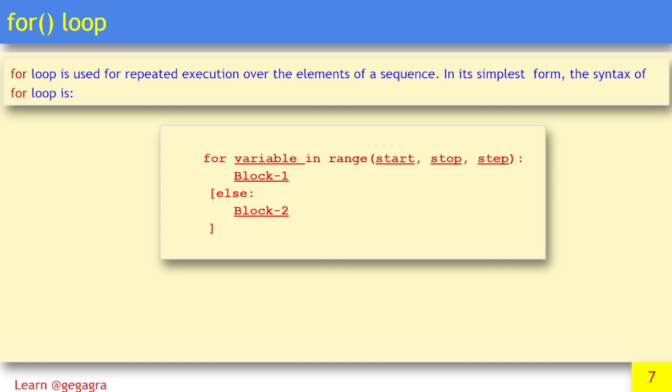Then you can write block 1, and at the end of the syntax you see, in square brackets, the else part, else colon block. It means that if the loop is not running or is going to return empty values, then it will follow the else part, although the else part is optional.